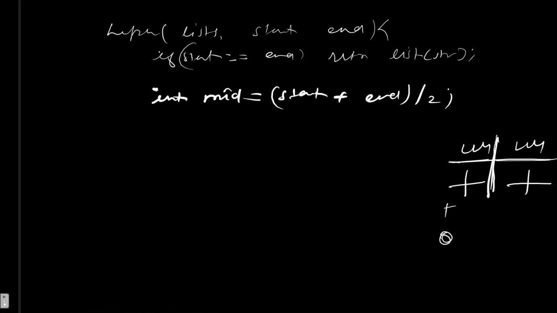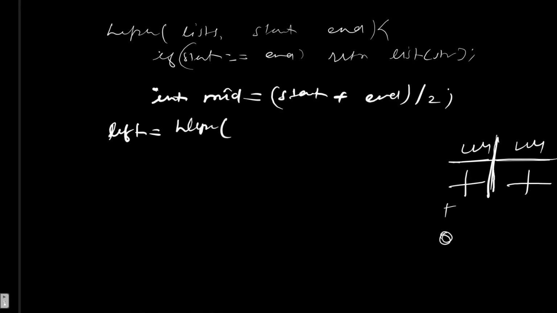Now after that we have to call for the left part. It will be stored in a variable called left, which is a ListNode, and in this we will be calling the helper function.